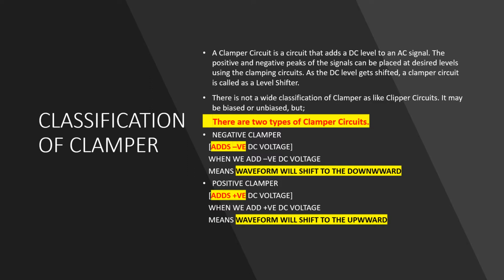Now the classifications of clampers. A clamper circuit is a circuit that adds a DC level to an AC signal. The positive and negative peaks of the signals can be placed at desired levels using the clamping circuits, as I have already discussed in my previous slide. The DC level gets shifted.